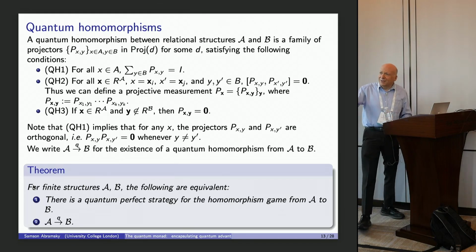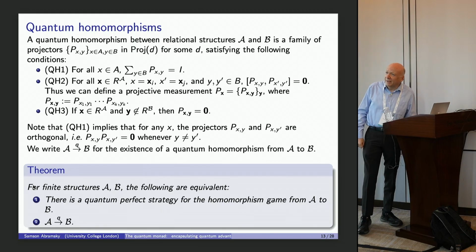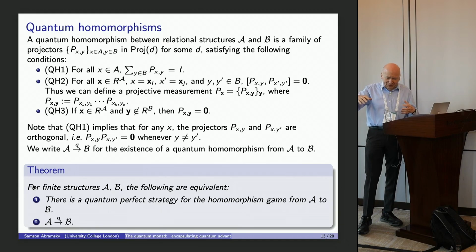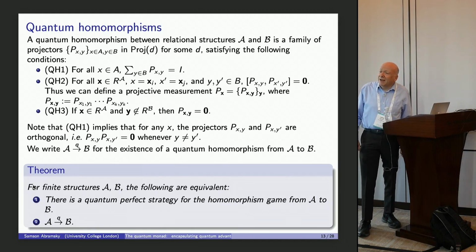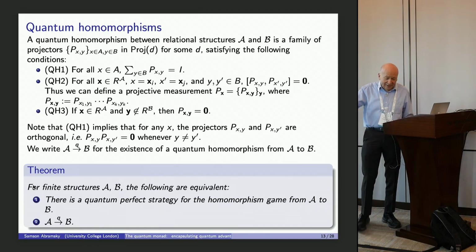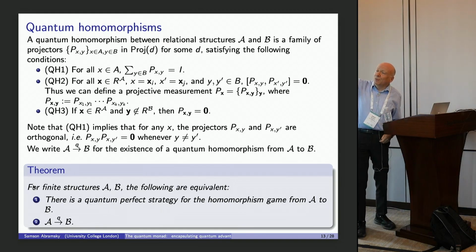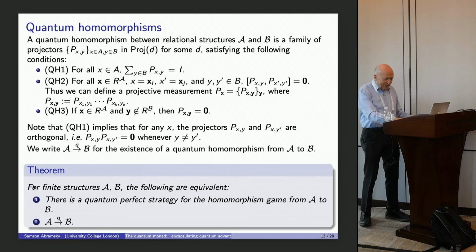So we can write the existence of a quantum homomorphism in this way with this arrow Q. And then what we have, by virtue of this reduction of structure that we just saw in the previous slide, is that to have a quantum homomorphism is exactly equivalent to having a quantum perfect strategy for the homomorphism game from A to B. So we started off with this complicated operational scenario of a non-local game where we try and convince the verifier that we have a homomorphism, and we end up with this more structural idea where most of that structure is gone, and we just get these projector-valued relations.